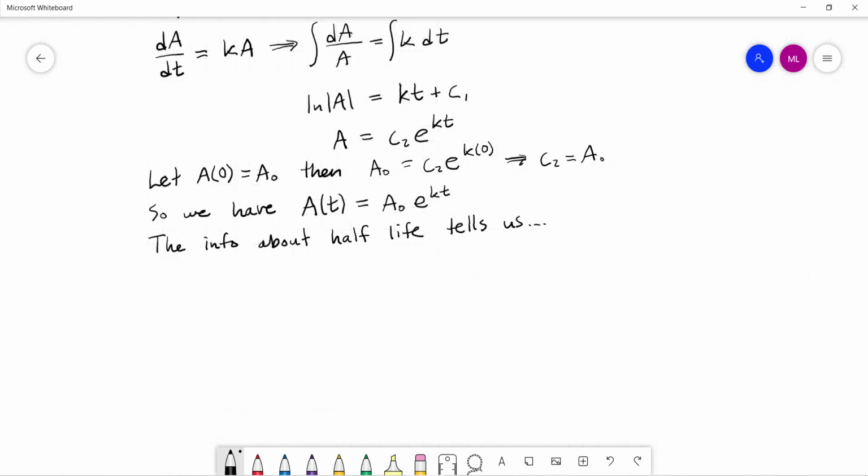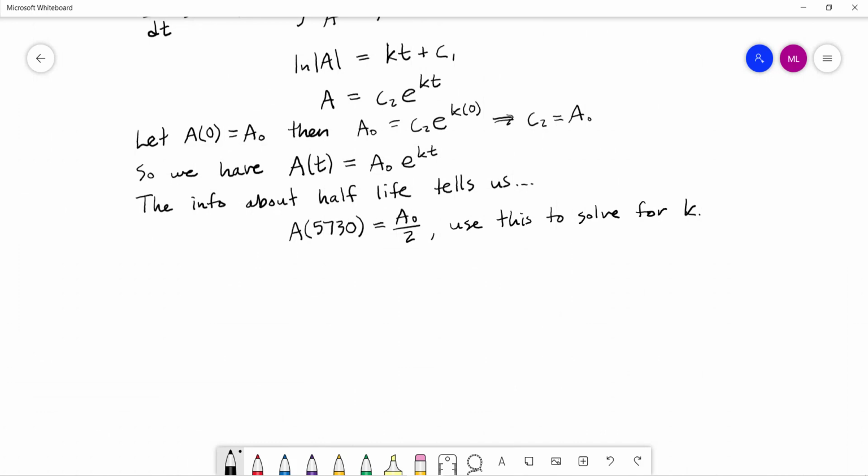So our next condition is that if I plug in A of 5,730, it should be A0 divided by 2, half the original amount. And we can use this condition to solve for the value of k.